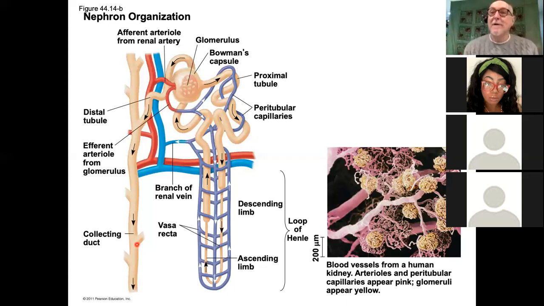We do conserve as much water as we can, but as it passes through the collecting duct, the permeability of the walls can be varied under hormonal influence. If we need to absorb lots of water from the collecting duct, we release hormones, as we'll see in a while, which cause the body to put lots of aquaporins into the cells.